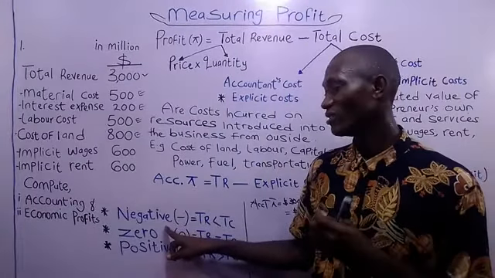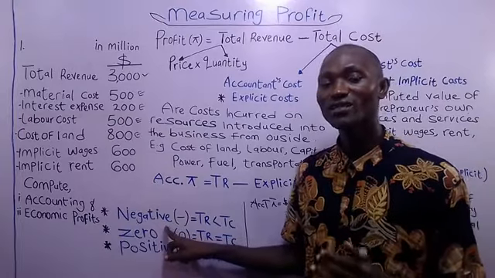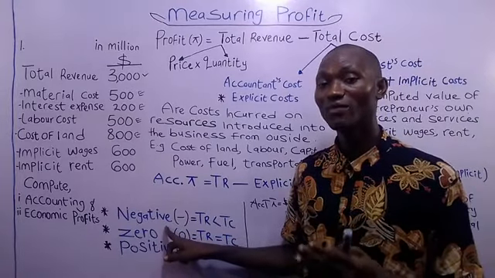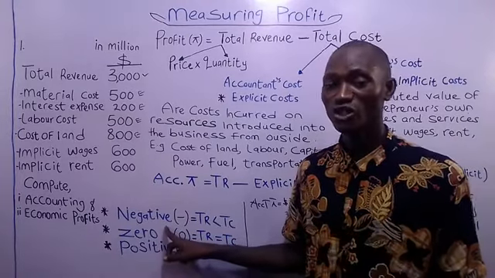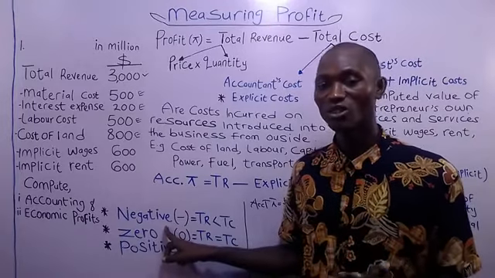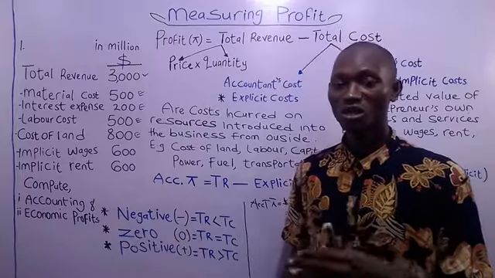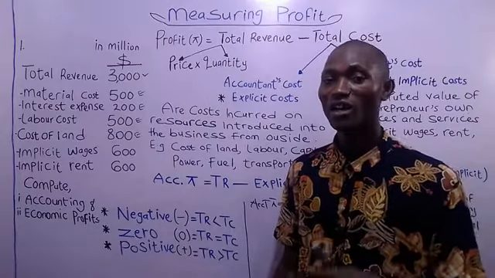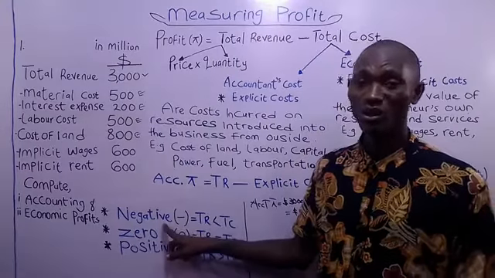Negative economic profit is a characteristic of a firm in a perfectly competitive market in the short run, because a firm in a perfectly competitive market in the short run will either make supernormal profits or supernormal loss. So this is supernormal loss.